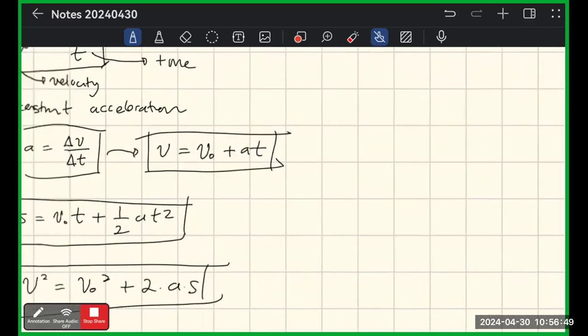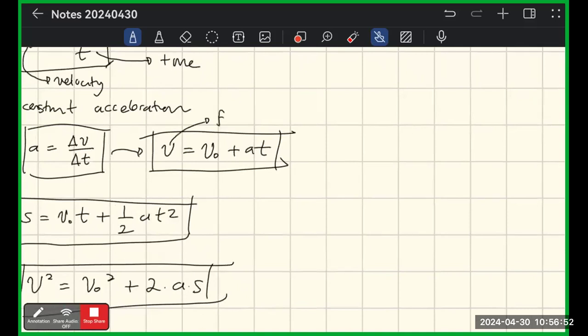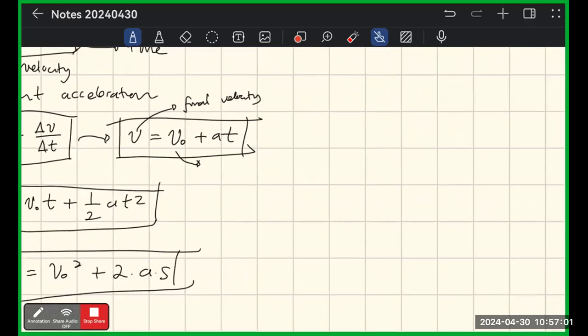Same here, but v here is the final speed, final velocity, but the v naught is the initial velocity.